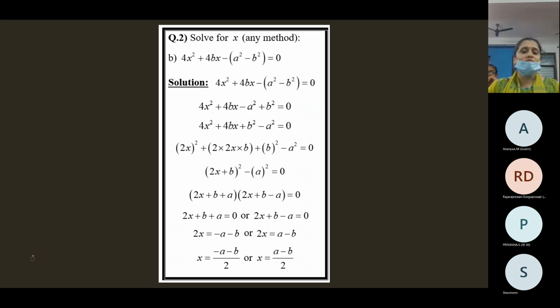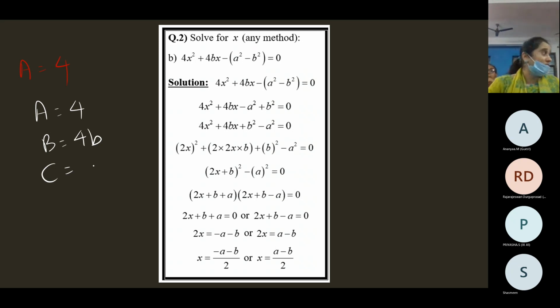Or if you want to use the quadratic formula, then a is equal to 4. B is 4b. And what is C?